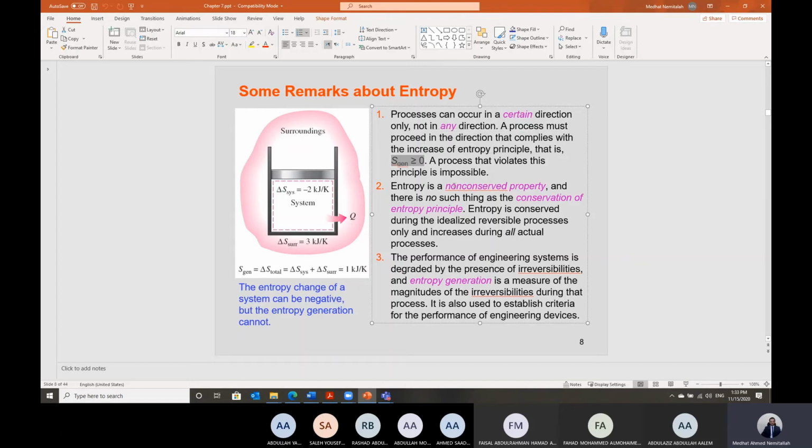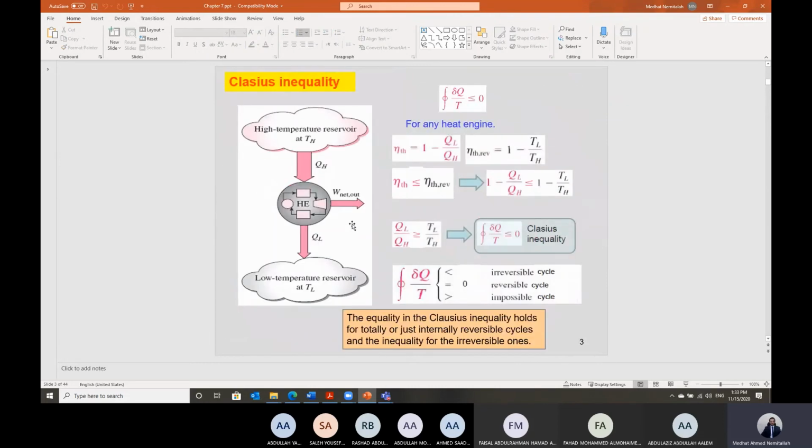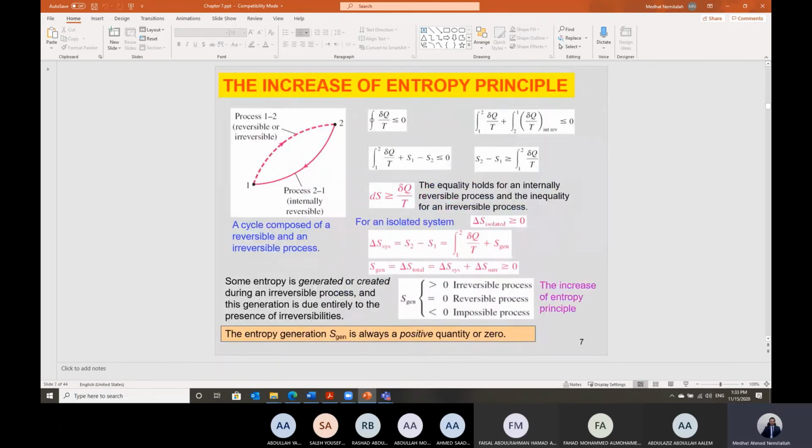And also, based on the second law analysis, we started this relation from the Clausius inequality. We started from the second law analysis, eta thermal reversible, and we reached this point, that the entropy generation should always be a positive value for any process.